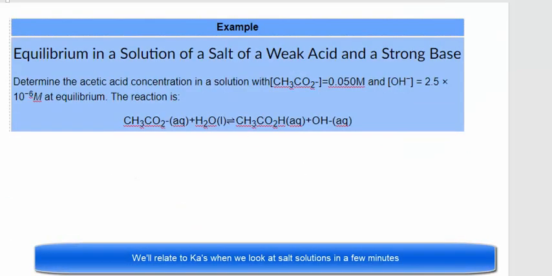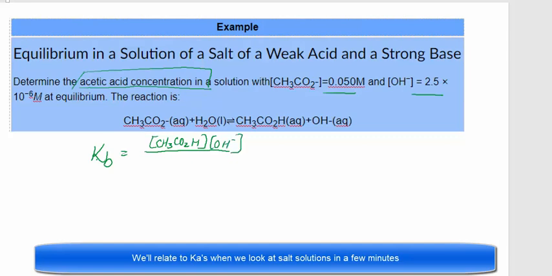For this problem, we are asked to find the acetic acid concentration at equilibrium. We're told what two of the concentrations are at equilibrium. So what we need to do is find, and this is a Kb expression, the Kb of this compound. So here we have acetic acid and hydroxide ion all over the concentration of our initial acid.